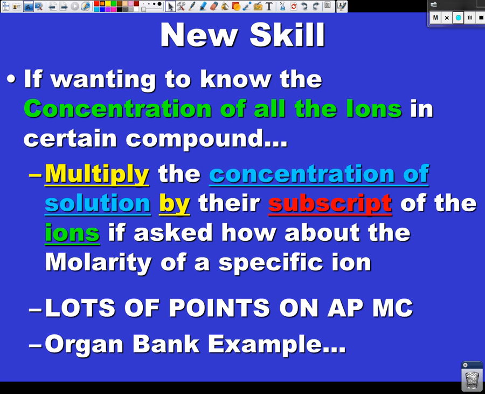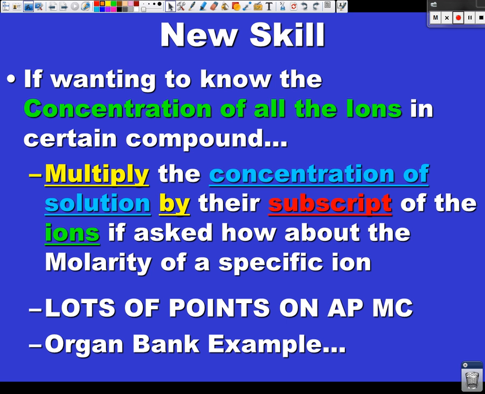Here's what you do. You multiply the concentration of the solution. Prime example. If I have a 1 molar concentration of sodium hydroxide, is that the compound? That's the solution, right? So let me ask you, sodium hydroxide. How many cations are in sodium hydroxide? 1. And what is it?